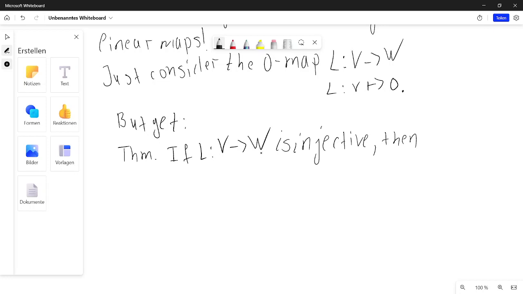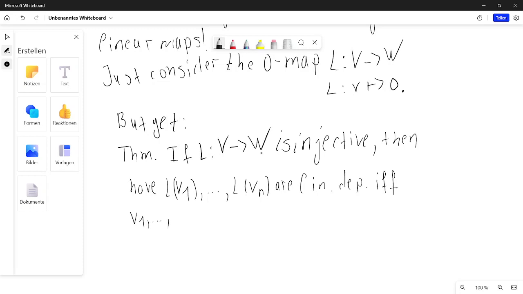Then we have: L of v1, ..., L of vn are linearly dependent if and only if v1 to vn are linearly dependent.